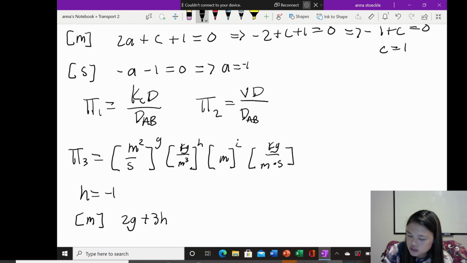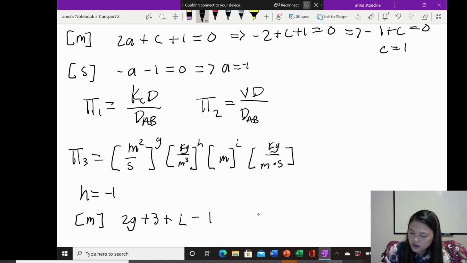Actually, I don't need the h, because we already know that that coefficient is going to be -1. Then we want to do a plus I for that meters, and then a -1 for that meters in the denominator for that viscosity variable.